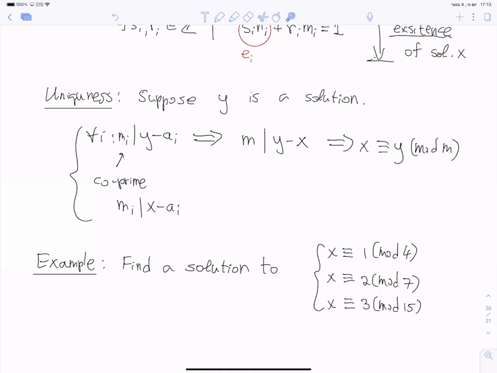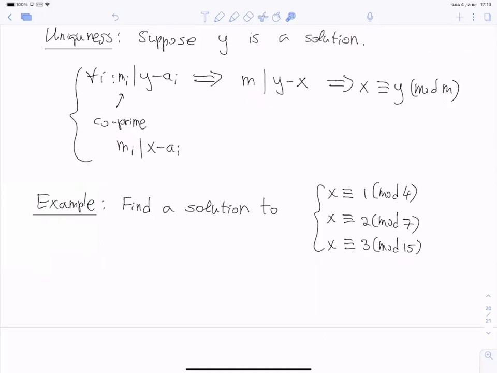Okay, so the first thing we must verify is that these MIs are coprime, which is immediate in this case. Okay.